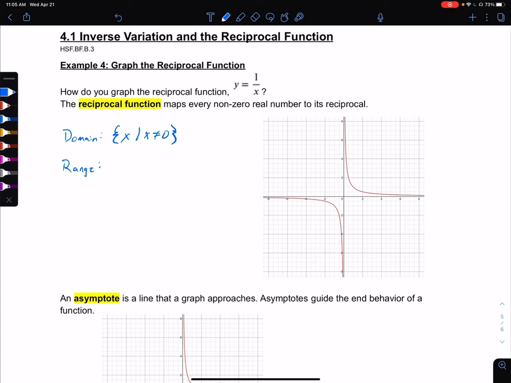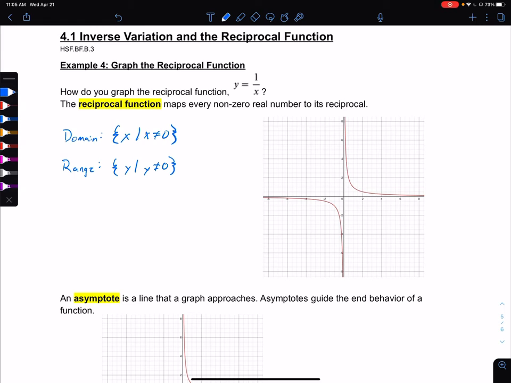Looking at this graph over here, what I'm also going to realize is that y cannot be 0 either, because there's no possible way for me to plug in a number as my x value and somehow make 1 over x equal to 0. It's impossible. So my domain and my range are pretty simply that x cannot be equal to 0 for the domain, and the range y cannot be equal to 0.